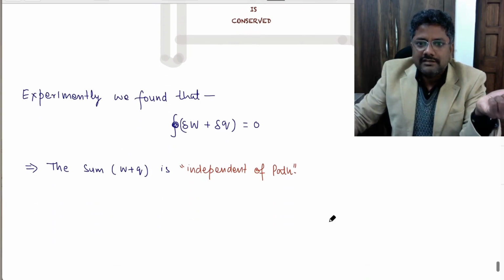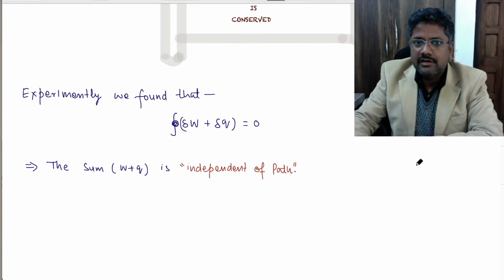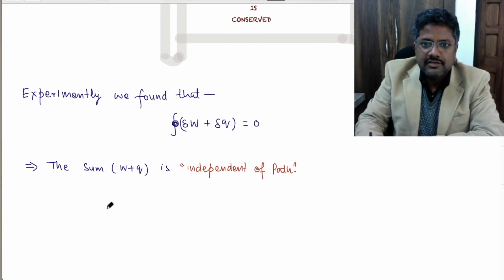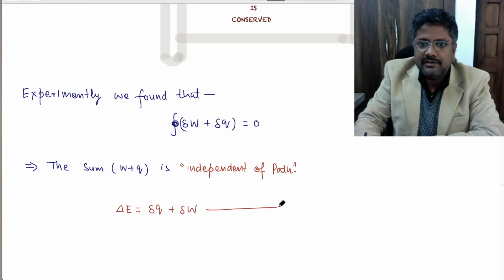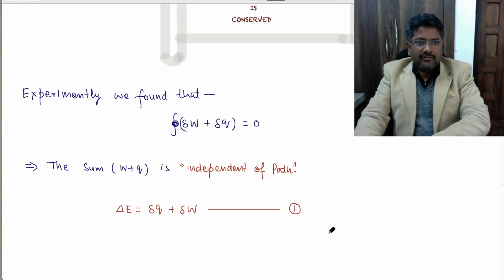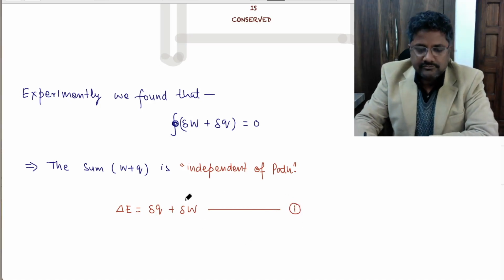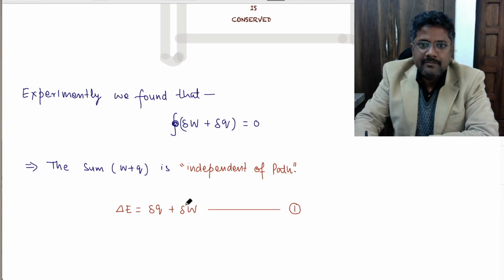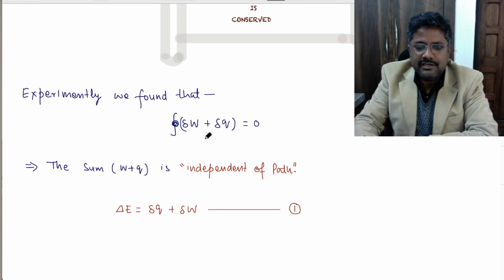And that state function is called what? Internal energy. So you can write delta E is equal to delta Q plus delta W. So this is the mathematical statement of what? The thermodynamics first law. The state function of which this is the differential is the internal energy.